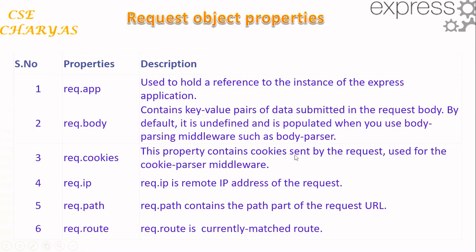This property contains cookies sent by the request, used with the cookie-parser middleware. We have one more, request.ip. This is the remote IP address of the request. Suppose you want to get the current route path, you can use request.route, which gives the currently matched route. This is also displayed when we use this property here.